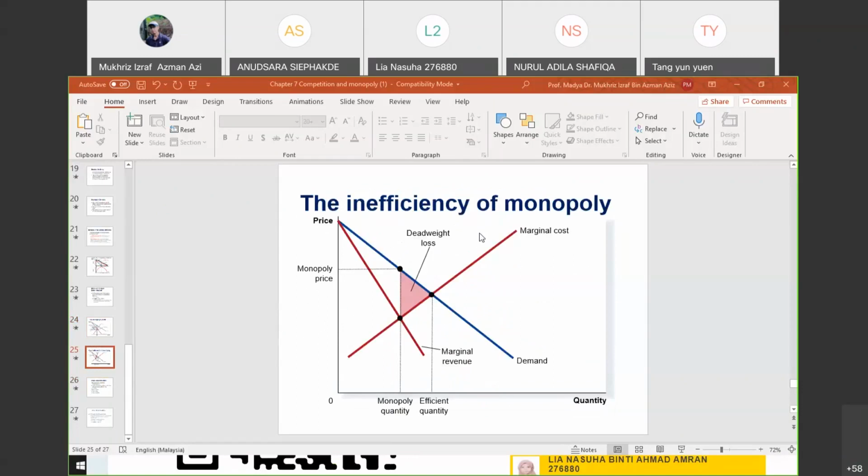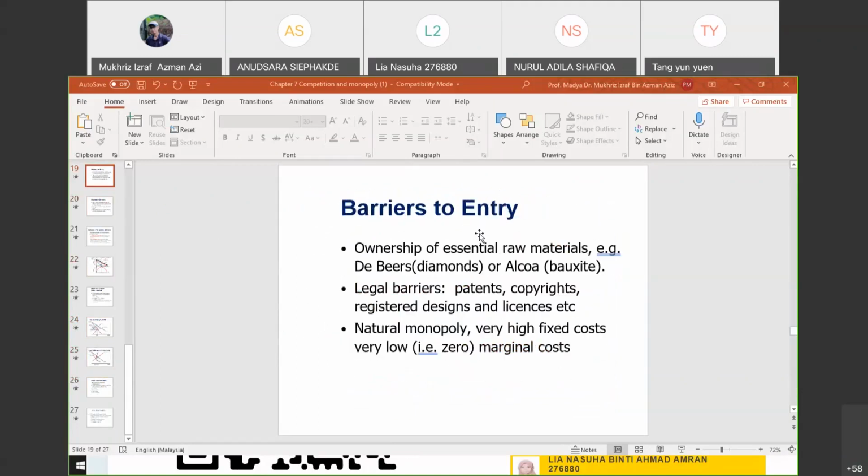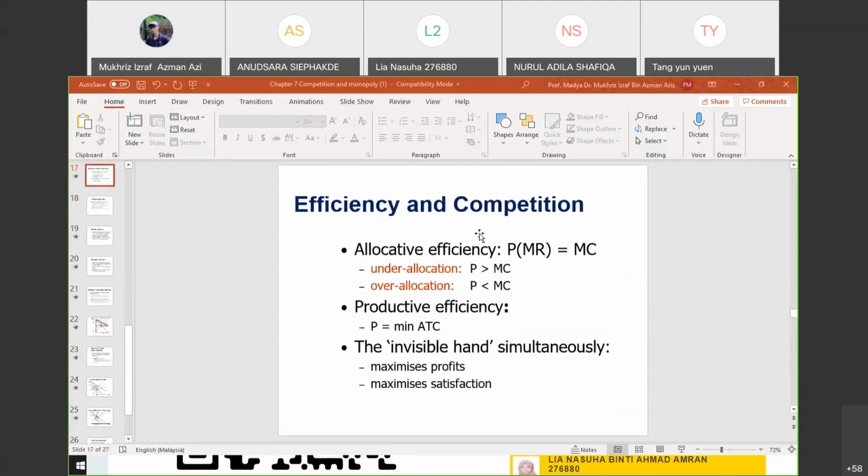The word inefficiency, if you compare monopoly to perfect competition. Under perfect competition, the price is equal to marginal cost, what we call allocative efficiency.